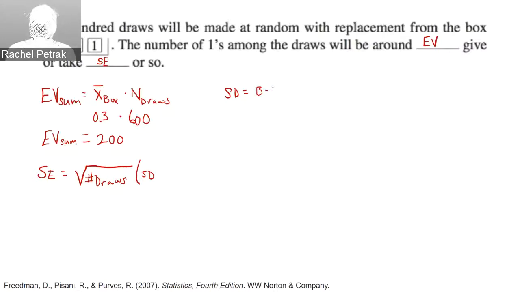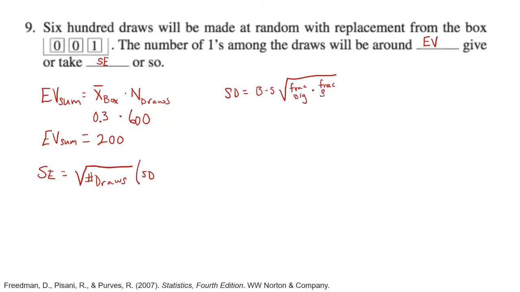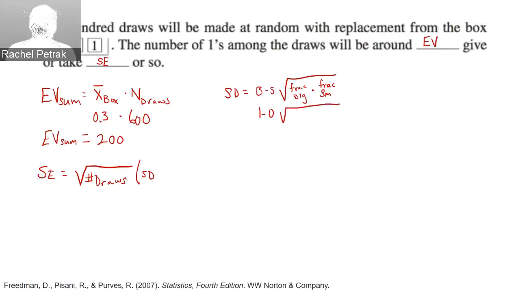So we've got big minus small times the square root of the fraction that's big times the fraction that's small. Big minus small, 1 minus 0, times the square root of, we know the fraction that's big is 0.33, or 1/3.